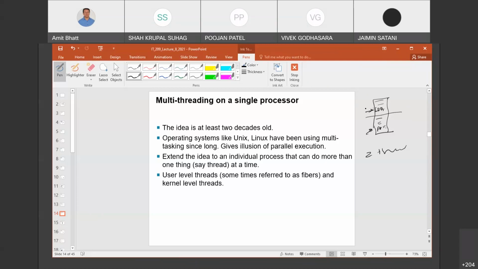It may happen that the 2 parts are not independent and one thread depends on the result of the other. Then you say, okay, one thread has come to a point where it depends on the value of the other thread, so I'm stopping, you start. As soon as this value is available, it will tell this thread to start, and it will start again. That is how threading works.